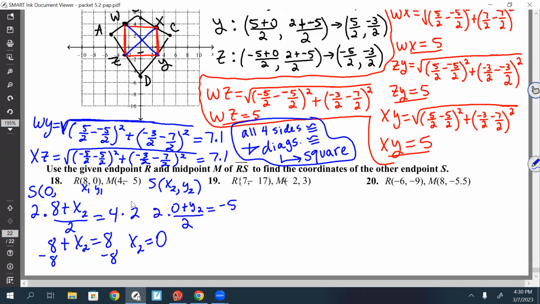So times 2 times 2. So you get 0 plus y2 equals -10. And then you would subtract off 0, but that's not going to change anything. So the y coordinate is -10. So point S is at 0, -10.